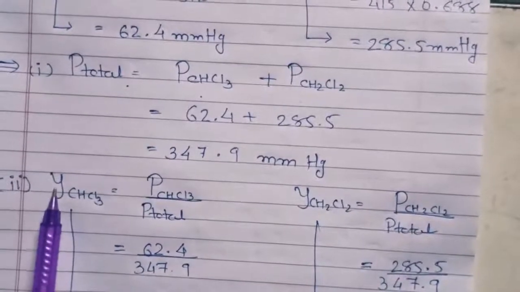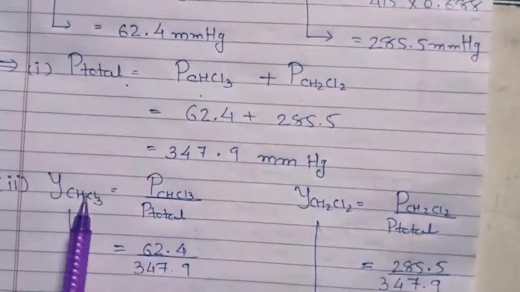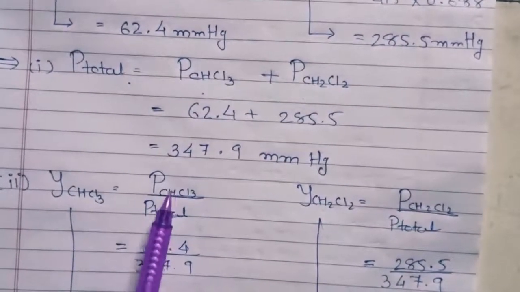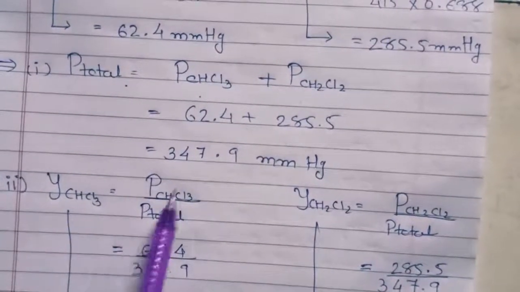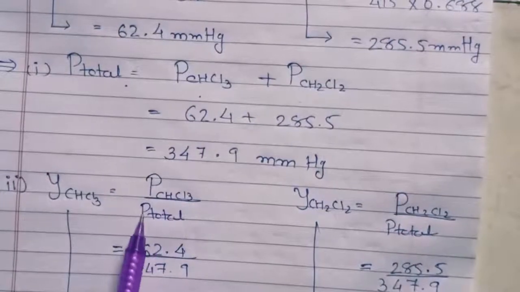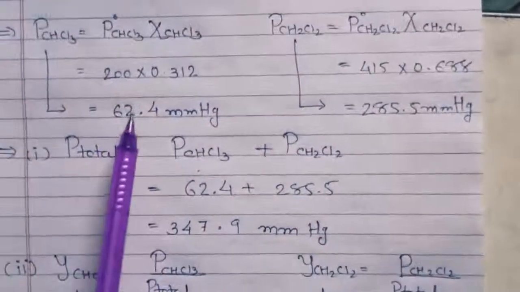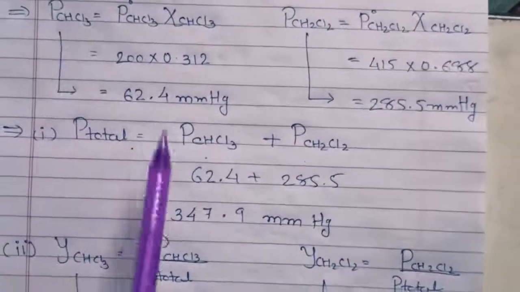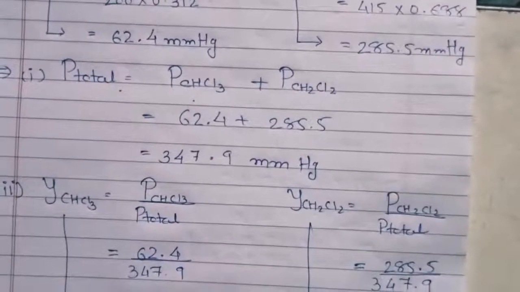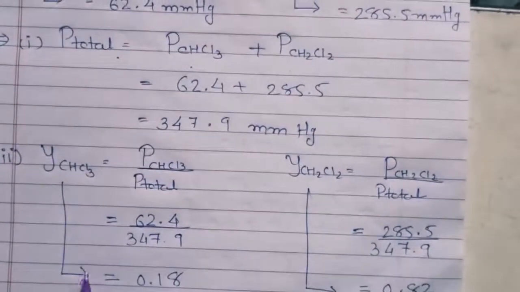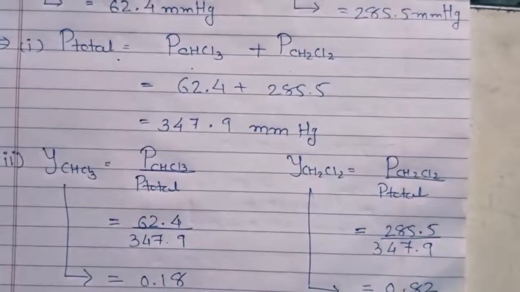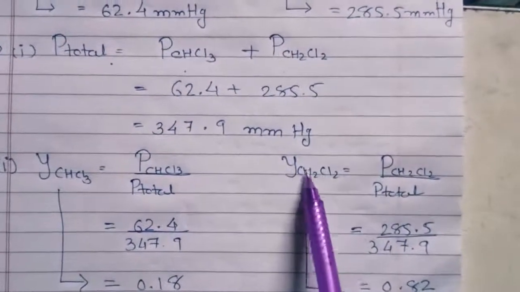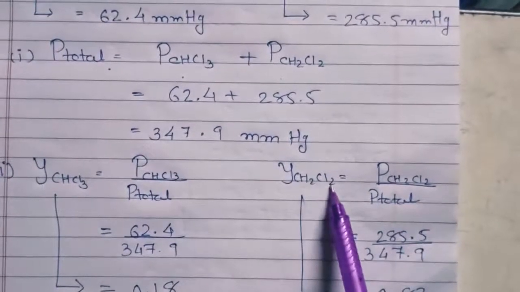For that, Y is equal to pressure exerted by that particular component divided by P total. Right? Here for the chloroform, the pressure exerted by the chloroform divided by P total. So pressure exerted by chloroform is here and P total is here. Replace the values and you will get mole fraction of CHCl3 in vapor phase will be 0.18. Right? Similarly, you can find out the mole fraction of CH2Cl2 in vapor phase.